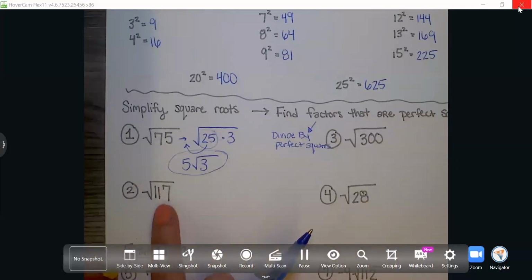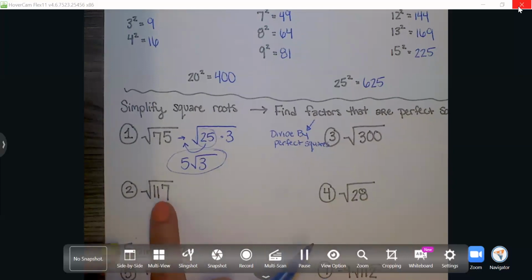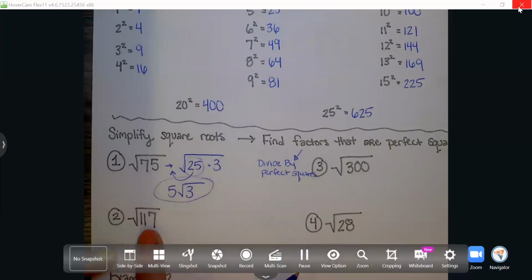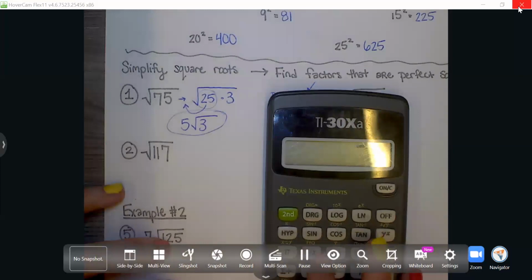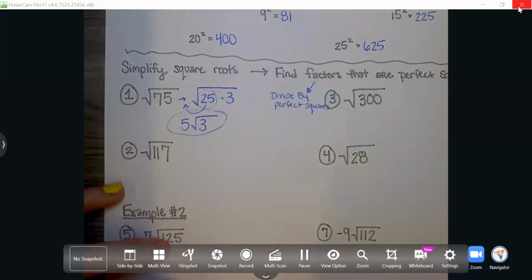Let's do the same idea for 117. Let's divide 117 by all sorts of different numbers. I can divide by 4, I can divide by 9, I can divide by 16. Let's just go down that list. 117 divided by 4, nope. 117 divided by 9, yeah, 9 and 13 are factors of 117. So let's use that.